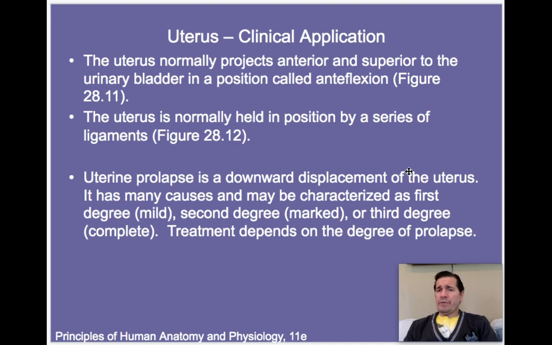So it is normally anteflexed, but it can be retroflexed, which means it can have a different angle. A lot of times that position or angle can affect the different ways that it functions normally and abnormally. Also, we can have it where it prolapses, which means it loses its ligament structures that hold it in place, and it can drop down and out through the opening of the vagina.